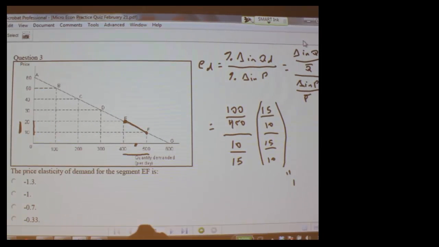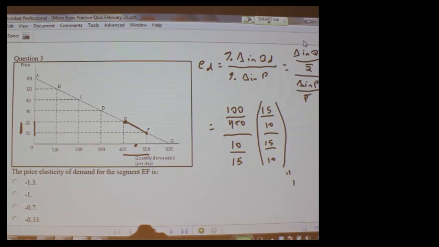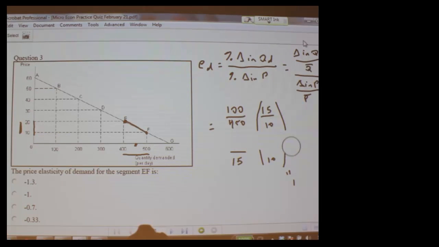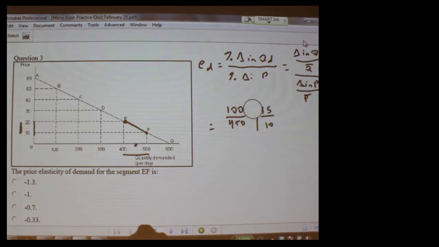And so what you'll have is just 15 over 10, and so that equals 1,500 over 4,500.